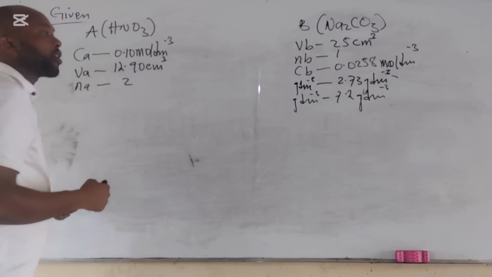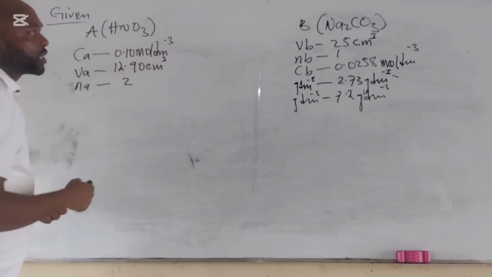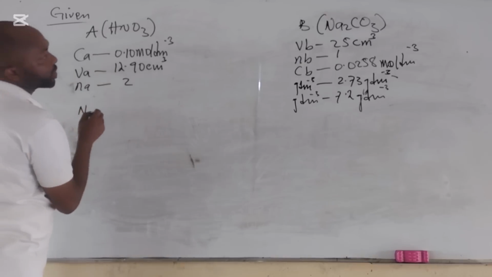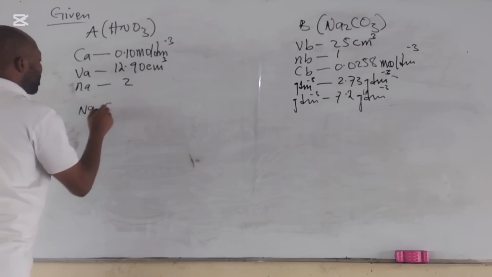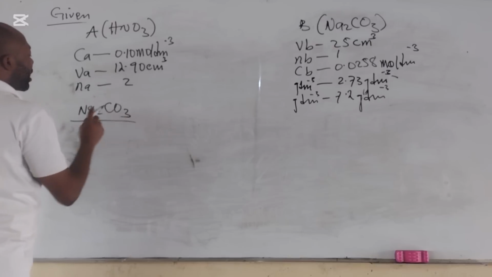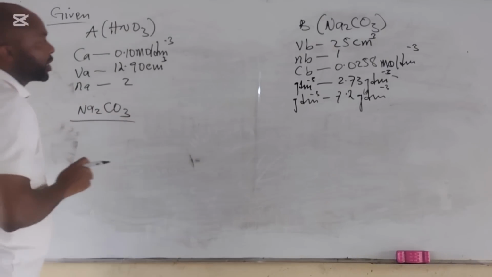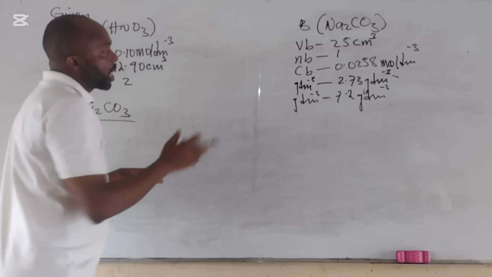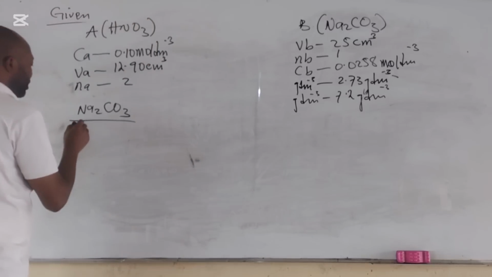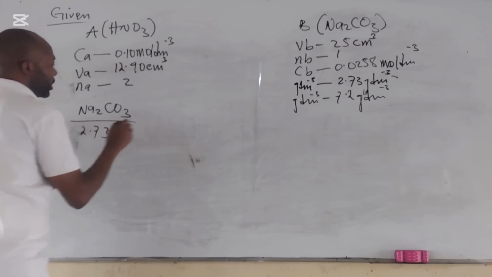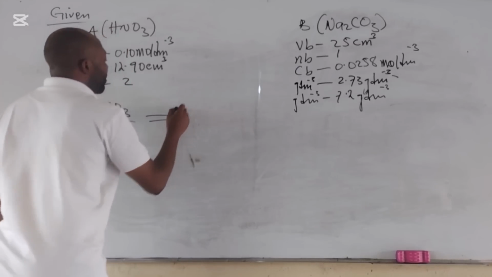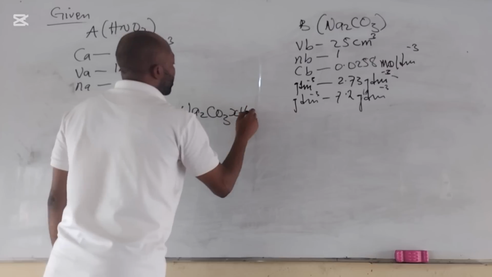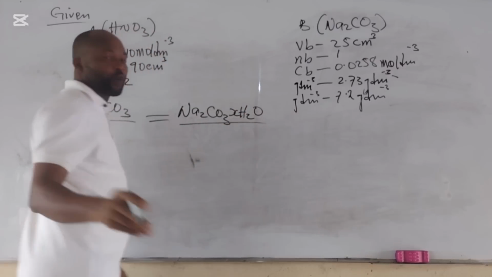Now, for us to get the number of moles for water of crystallization, we have the relative molecular mass of this. Let me write it for the sake of knowledge. Over the mass concentration of the anhydrous. I'm starting from the anhydrous now. Anhydrous is 2.73, is equal to the relative molecular mass of hydrated, Na2CO3 . X water, over the mass concentration of hydrated, which came in the later part of the question.